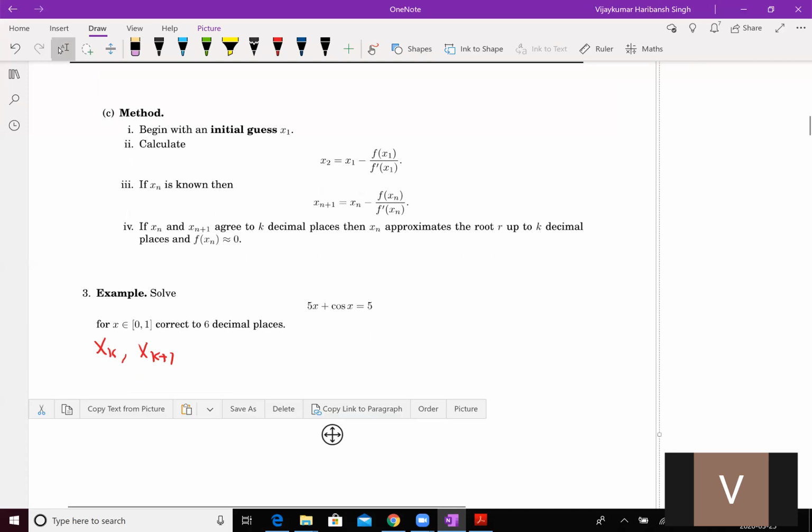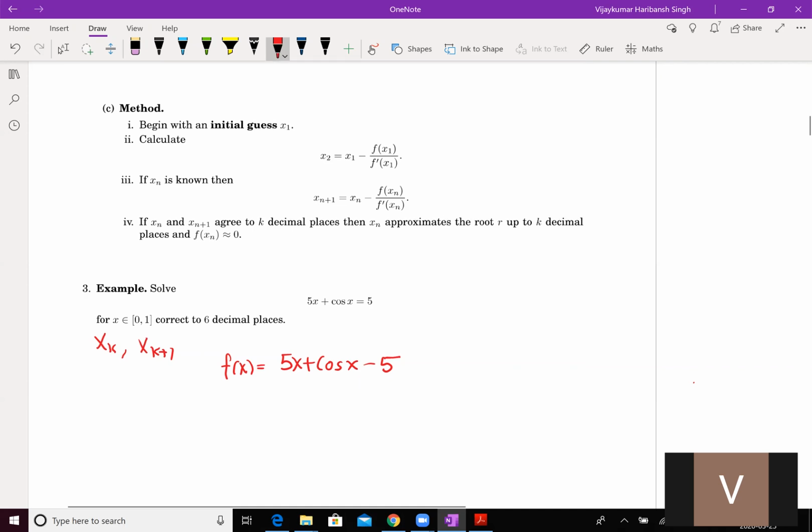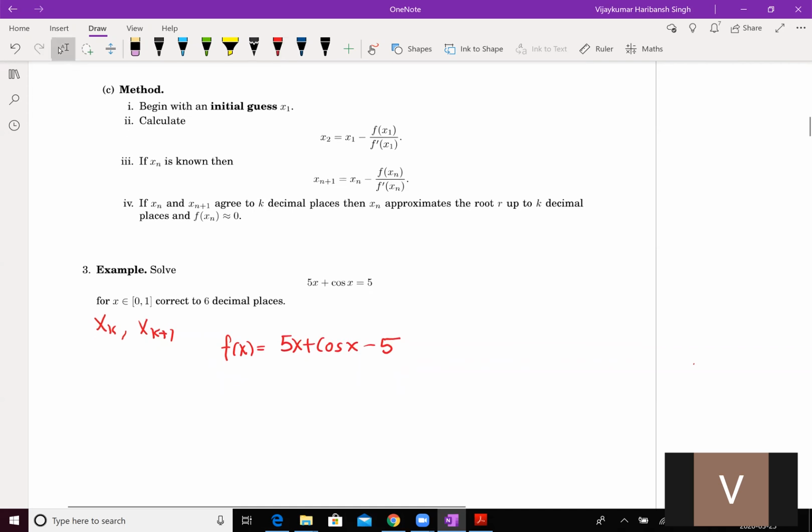The function we want to solve for x here, take f of x to be 5x plus cos x minus 5, right? So finding an x which satisfies this equation has now converted to a problem of root finding for this. Okay. So let's set up the Newton system.